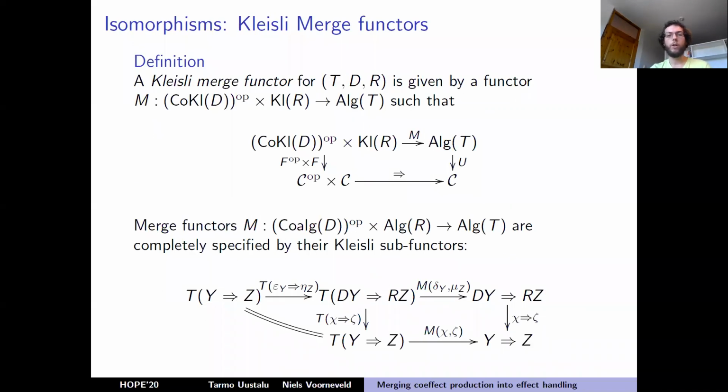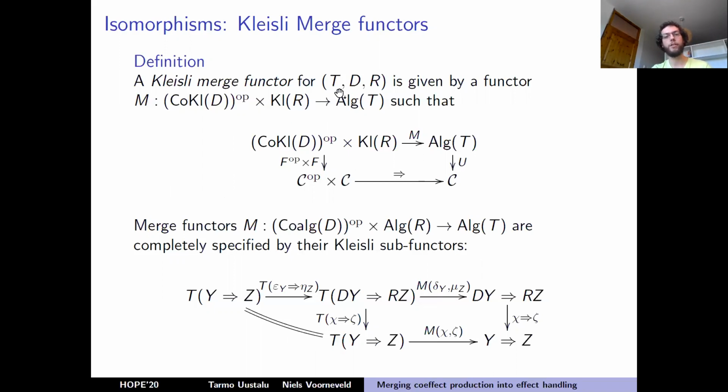All right, a nice observation that we can make from this bijection result is that in the inverse, as you saw, we only use the co-free and the free algebras. So in fact, this bijection factors through just the co-free and the free parts of these merge functors, which we specify as the Kleisli merge functor.